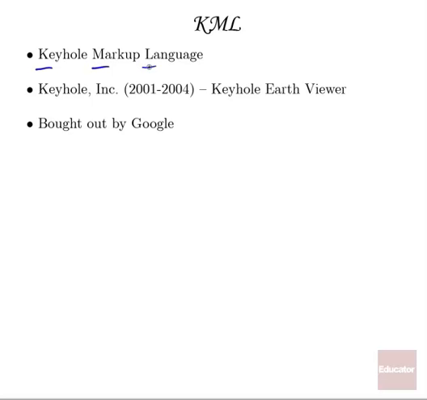If you happen to watch early coverage of the Iraq War in 2003, you might have noticed a lot of the news stations had dramatic zoom-ins from outer space into the part of the globe where the war was taking place. Most of that was done with Keyhole Earth Viewer. And the following year, 2004, is when Google bought out Keyhole, and Keyhole Earth Viewer became Google Earth.